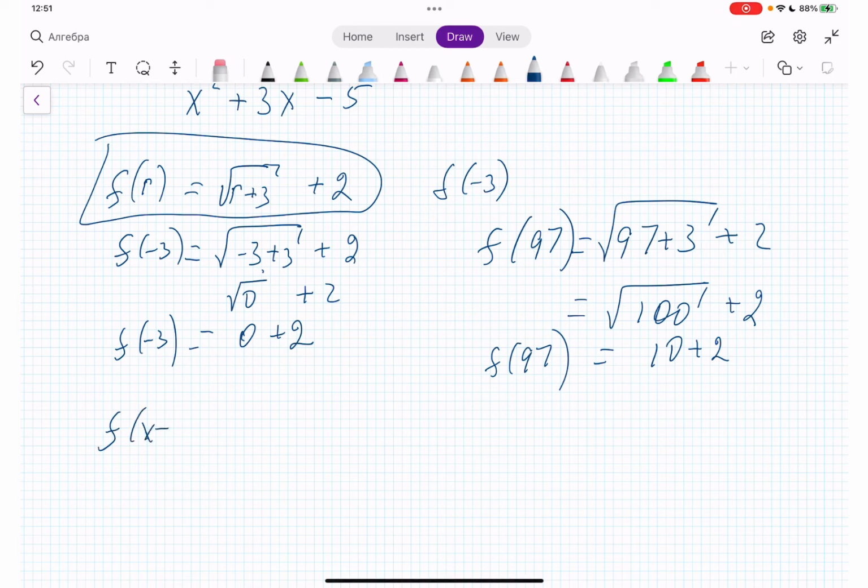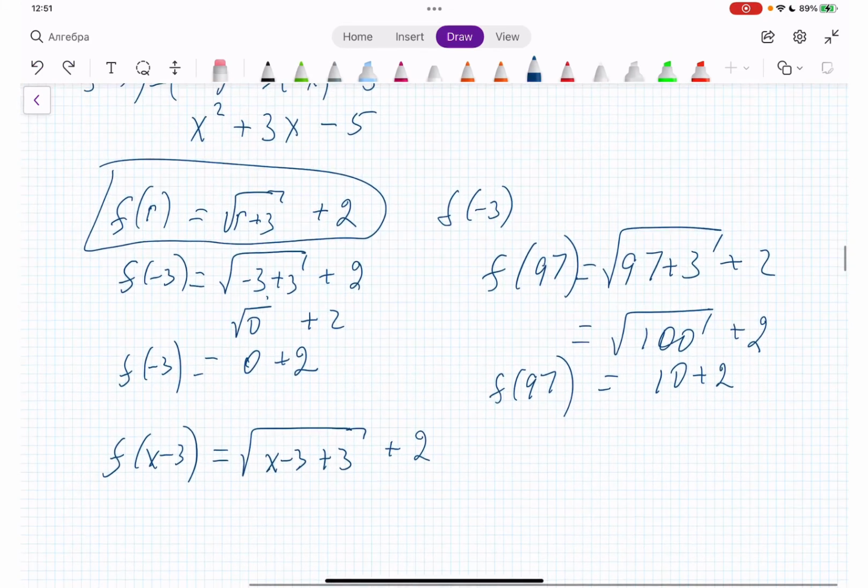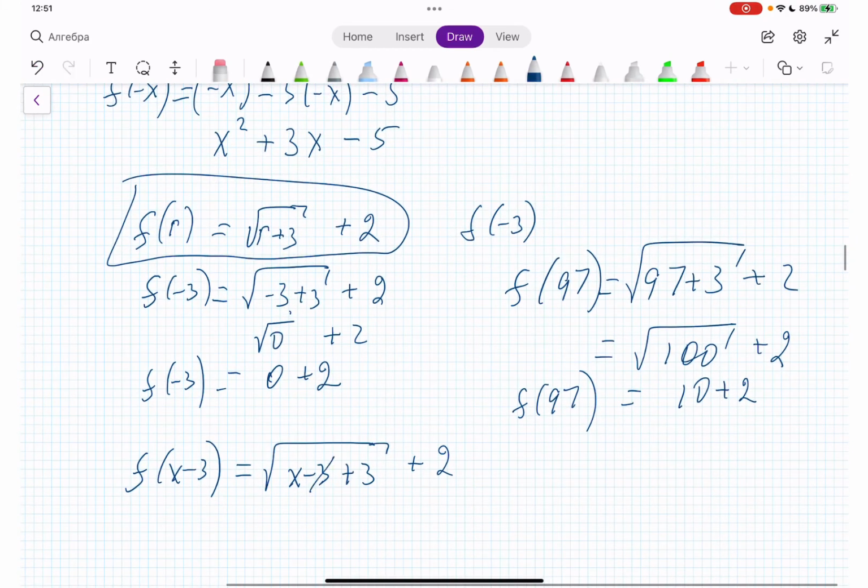f of x minus 3, that is equal, instead of r, I'm plugging x minus 3 plus 3. Now, I don't need to put parentheses here because there is addition following, so I'm taking off x minus 3 plus 3, negative 3 plus 3 canceling each other because it's 0, and we will have square root x plus 2.